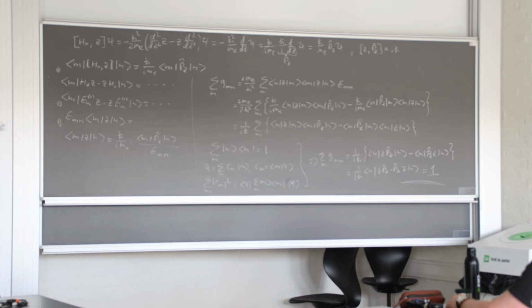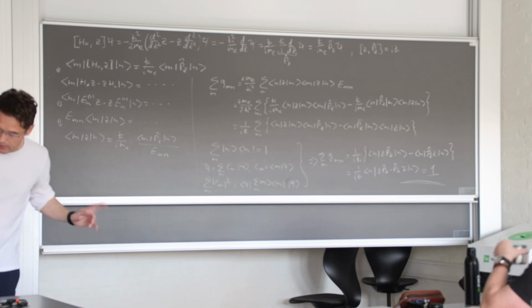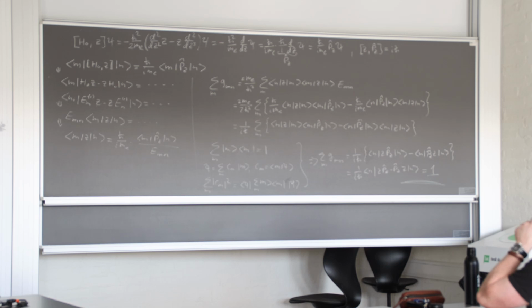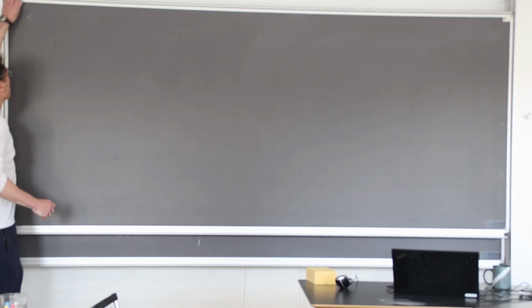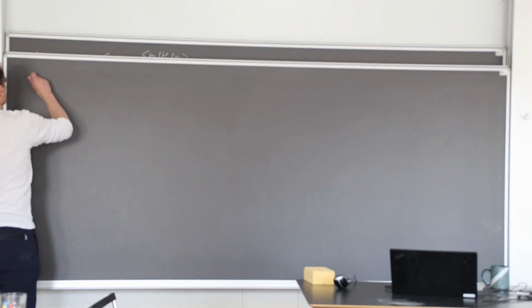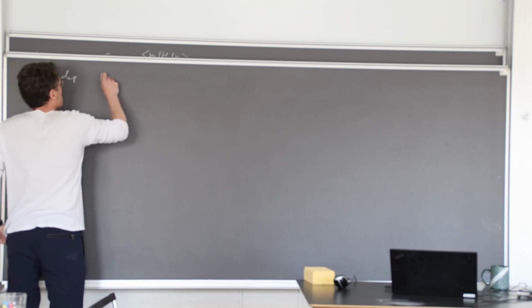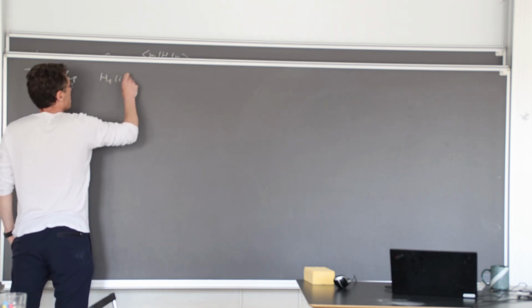Just before showing you a few examples, I will very briefly talk about the time-dependent extension of this. So if we have a time-dependent electric field, then my perturbation is actually time-dependent, of course.